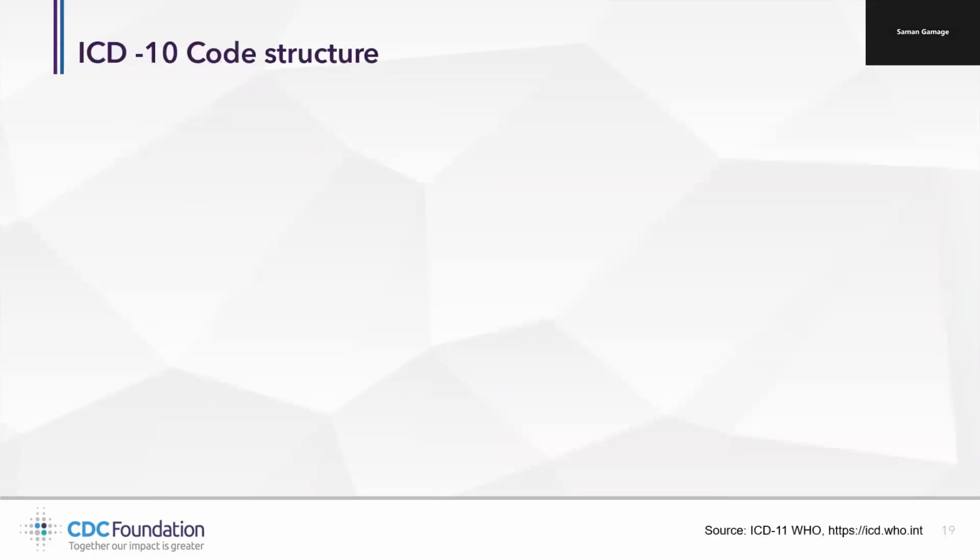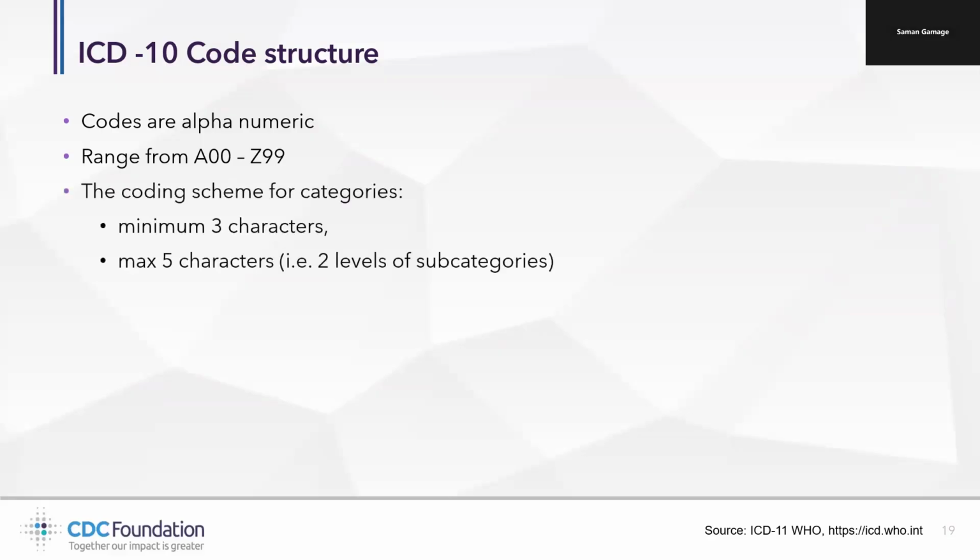Let's talk about code structure. Just to remind you about ICD-10 code structure, ICD-10 codes are alphanumeric. This means the codes comprise alpha characters, English letters, and Arabic numbers. They range from A00 to Z99, with a minimum of 3 characters and a maximum of 5 characters, that is 2 levels of subcategories.